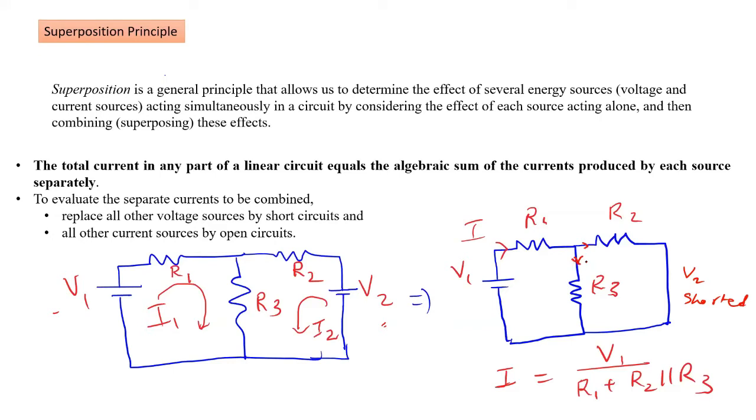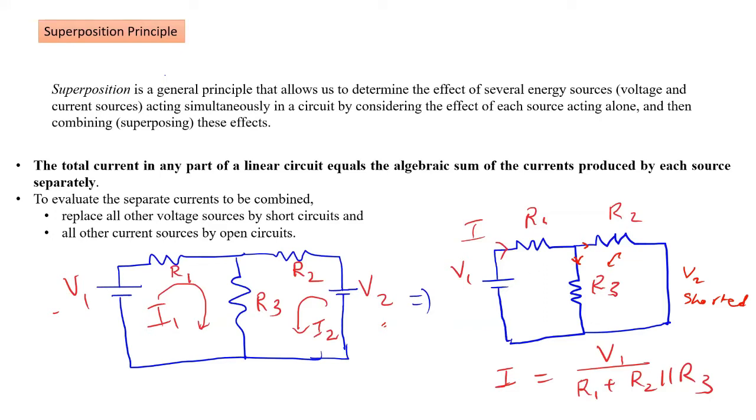Okay, the current is split. So you can say the total current is V1 divided by R1 plus R2 parallel R3, because R2 and R3 are in parallel, since the current is split into both of them. So R2 and R3 are in parallel and both of them are in series with R1.